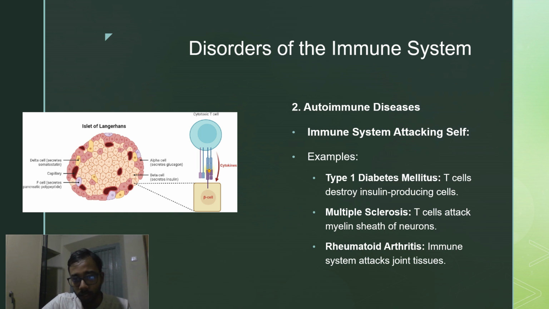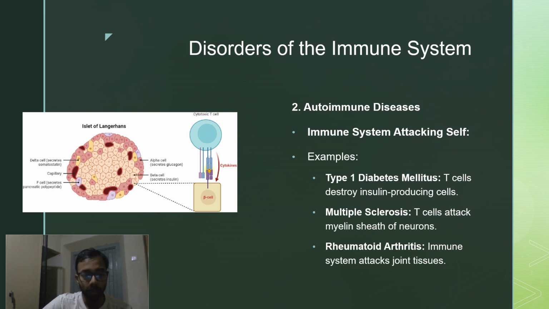When this ability is disrupted, these autoimmune diseases can happen. That means the immune system is attacking your own self. One example of these autoimmune diseases is type 1 diabetes mellitus.